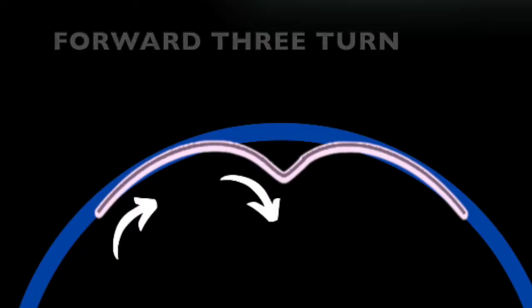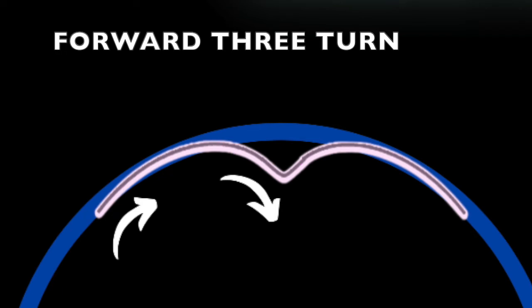Now, when you do the 3-turn, whether it's forward or backward, your body is going to turn into that natural rotation. So if you are going clockwise on the circle and you start to turn into the circle because that's the way you're going, then you naturally go with the flow of that rotation.